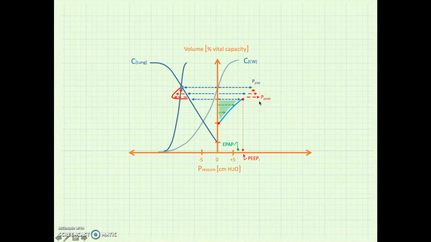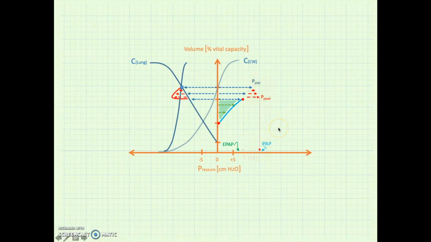So if you were to do an end inspiratory hold on this patient, and you dialed in the EPAP, say 6, the plateau pressure might be, I don't know, close to 12, and the peak pressure might be a few centimeters of water above that.